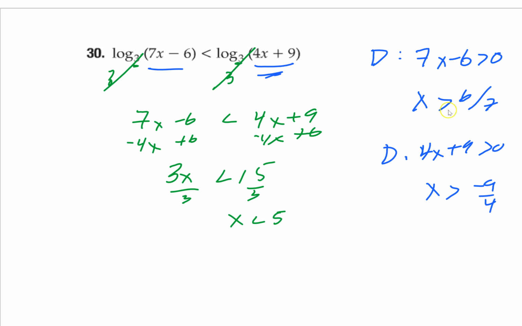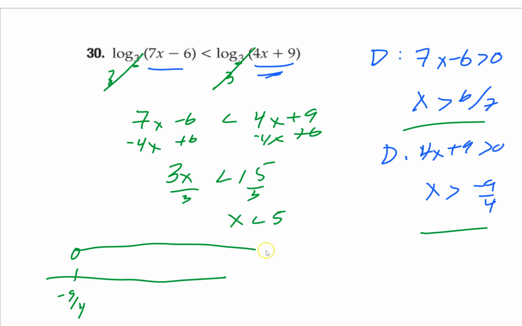So I have all this stuff here, these two domains and this. If you want to figure out what the answer is, the easiest thing to do is probably just graph it all, see where we land. Negative 9/4 is over here, open circle that way. 6/7 and 5. 6/7 is less than 5, so 6/7 will come next.